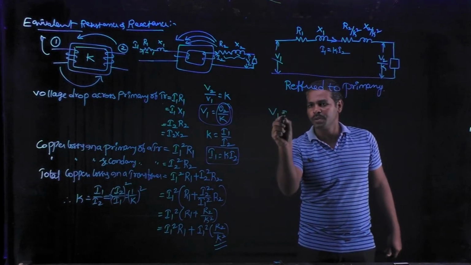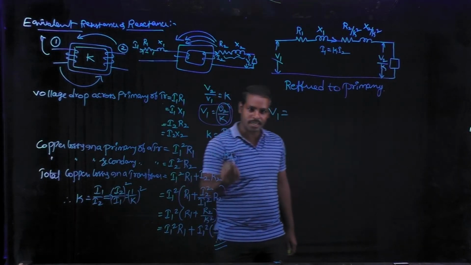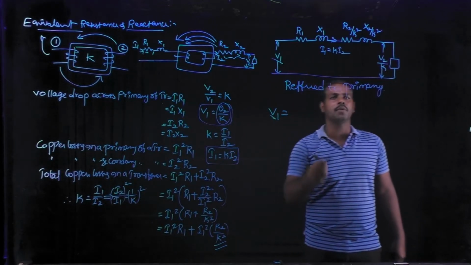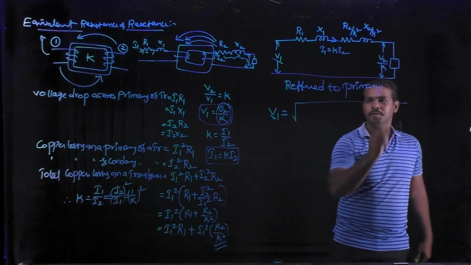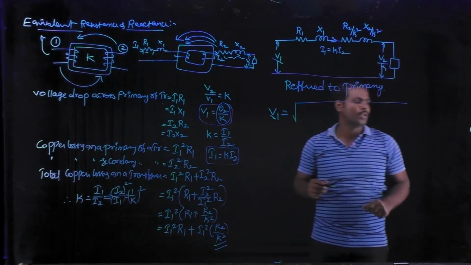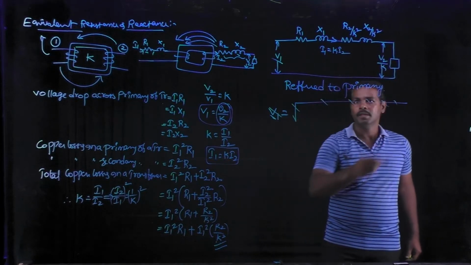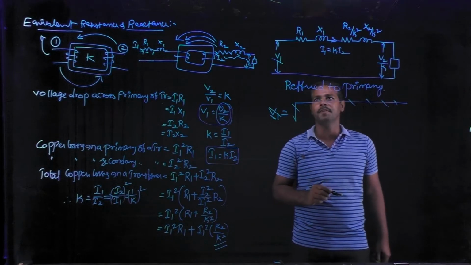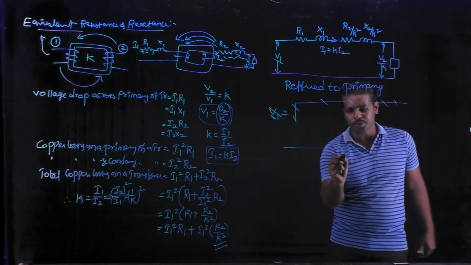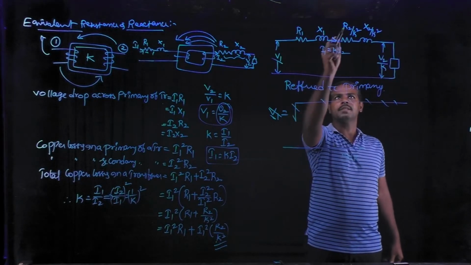Previously we calculated the phasor diagrams for the three loads, with the corresponding voltages E2, E1, V2 and V1, and V1 is calculated in a similar fashion. V1 is equal to the square root of... This diagram is also simplified into another form. The load voltage is V2 divided by K, and the resistances R1 plus R2 by K square are in series.